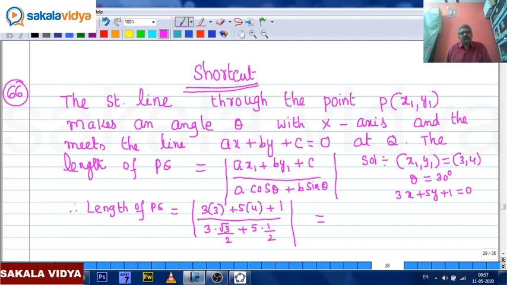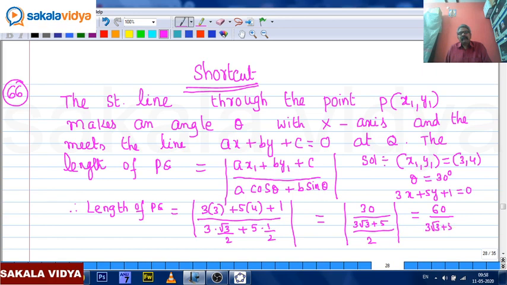Now we need to simplify. This is 9 plus 20, 29 plus 1 is 30, by, here 2 is the LCM, 3 root 3 plus 5. This we can write as 60 by 3 root 3 plus 5.